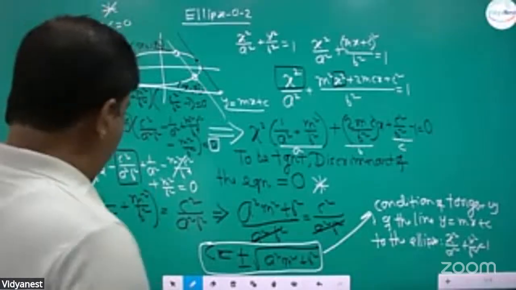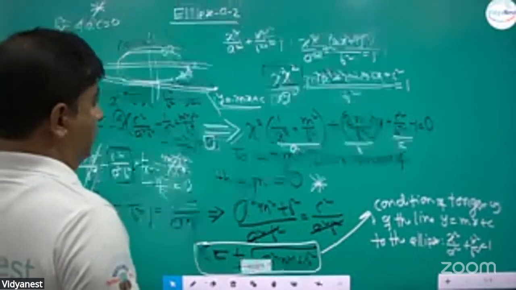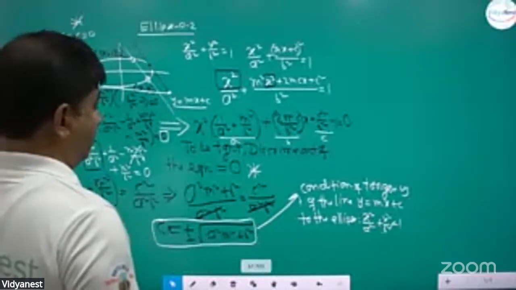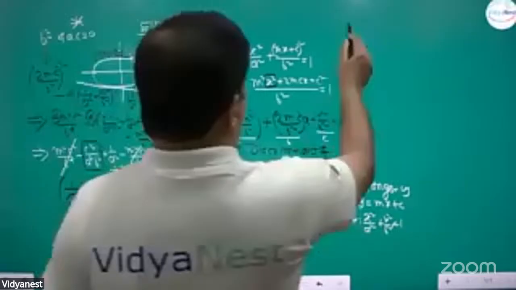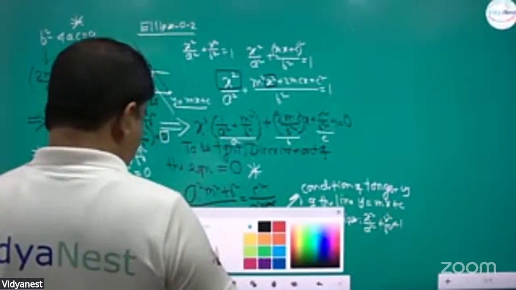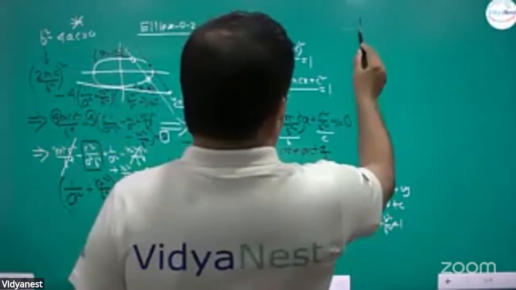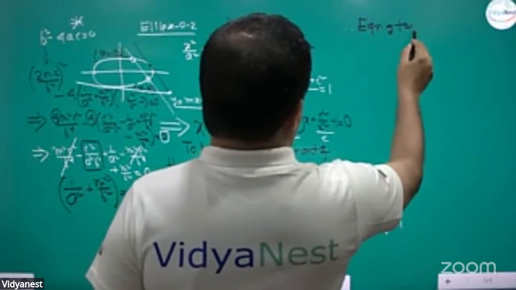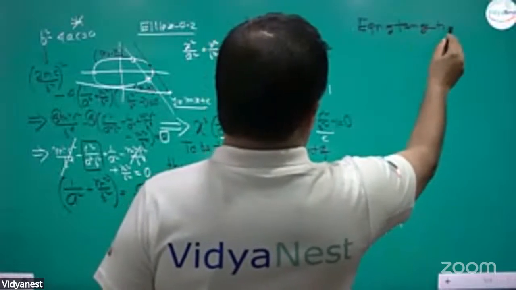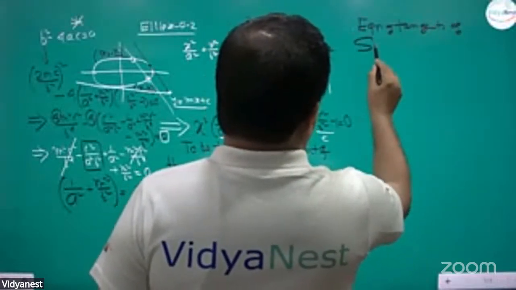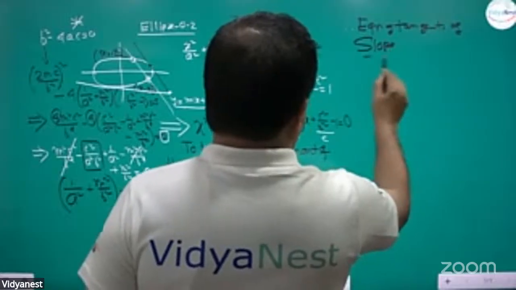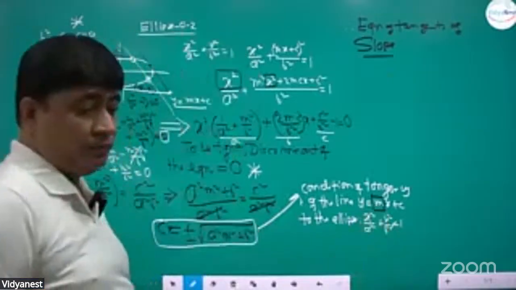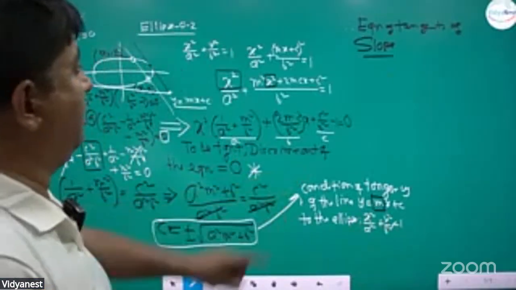So, you write, therefore, equation of tangents. It is called tangents of slope form. Slope. Why? Here slope, m is involved. Slope form. This is the equation, the straight line of slope form.